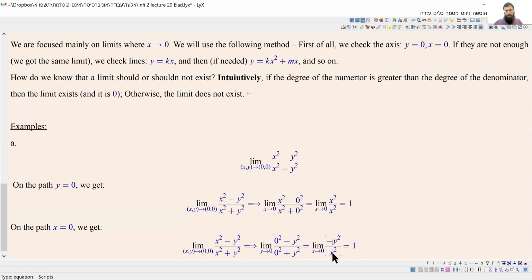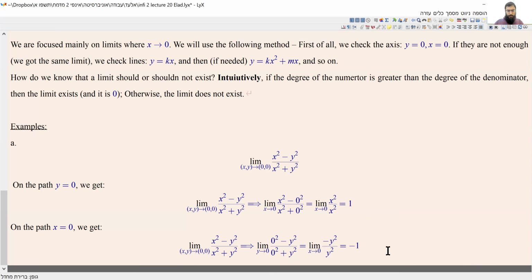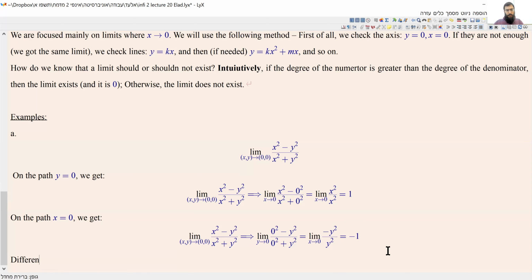Minus y squared above y squared, which is minus 1. So different limits on different paths, the limit does not exist.